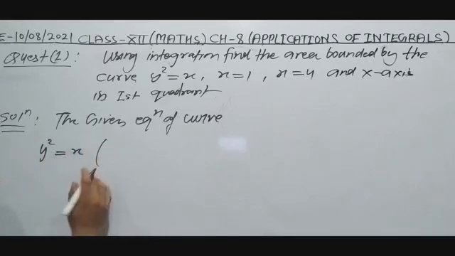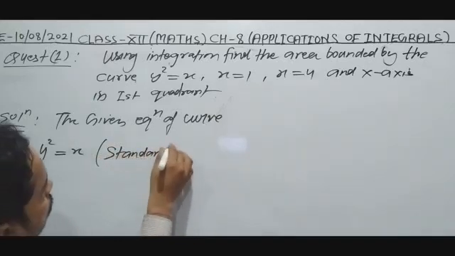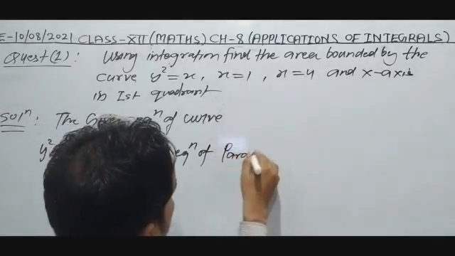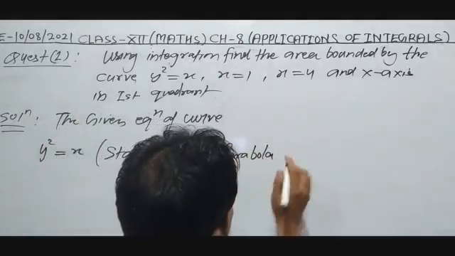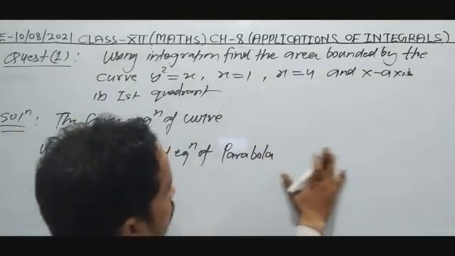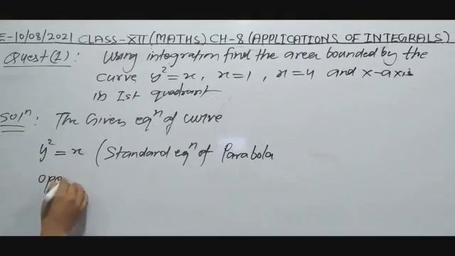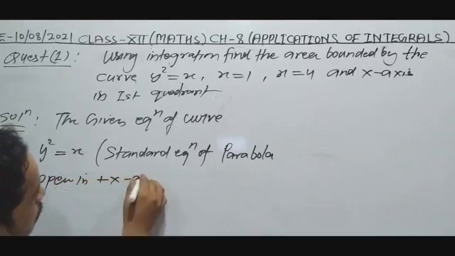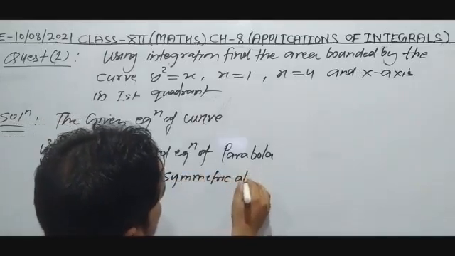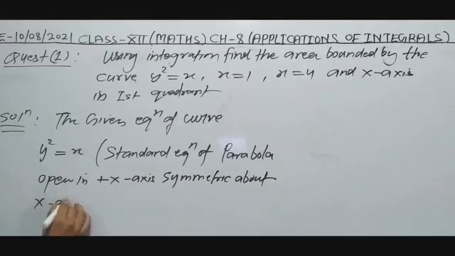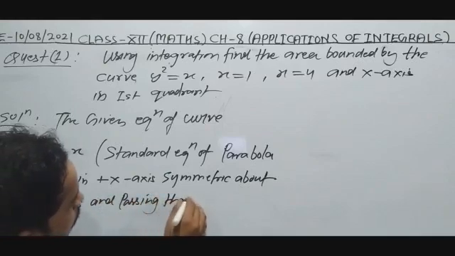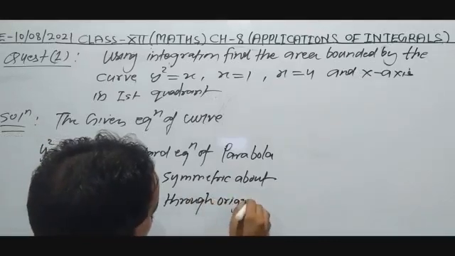In bracket I am going to write: standard equation of parabola, open in positive x axis, symmetric about x axis and passing through origin.